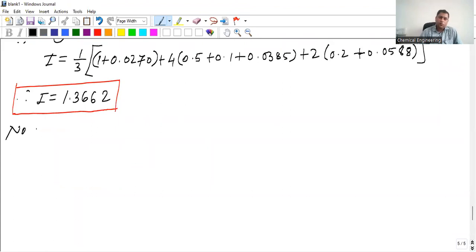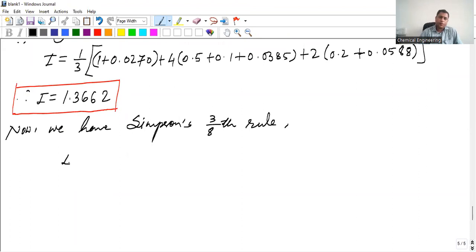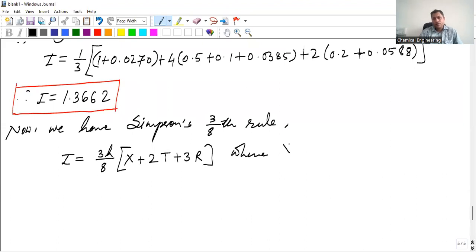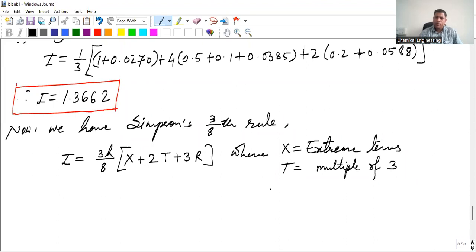Now we have Simpson's 3/8 rule: I is equal to 3h by 8 times (x plus 2t plus 3r), where x is the extreme terms, t is for multiples of 3, and r for the remaining all.